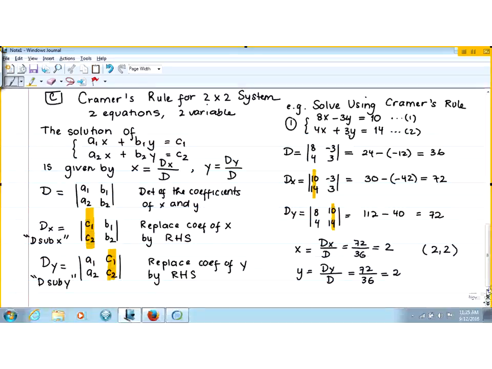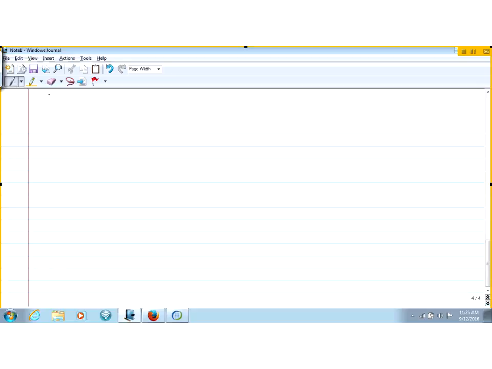Yeah, okay. So now, what happens? Next page. Cramer's rule for 3 by 3 system. All right. So it's going to be the same idea. I could use A, B, C, D. Yes. A1, B1, C1, D1.